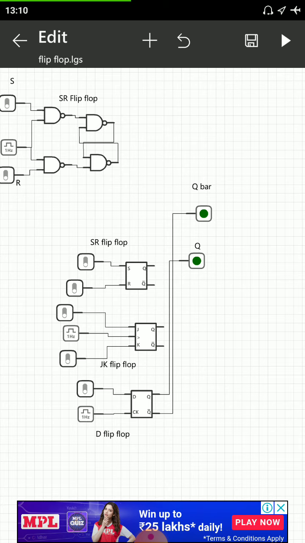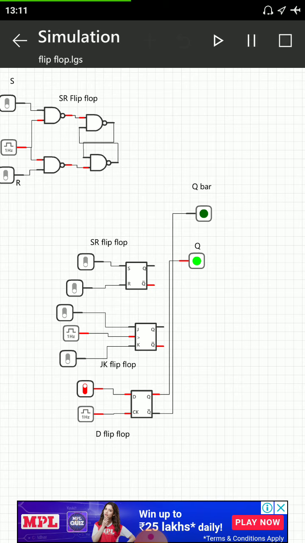So we need to simulate this D flip-flop circuit. You can clearly see when there is a clock your Q bar is high, and when I input 1 at D, the state changes with the clock.